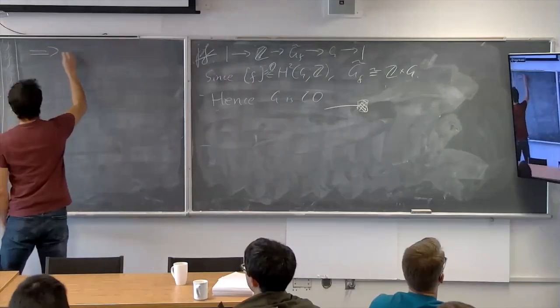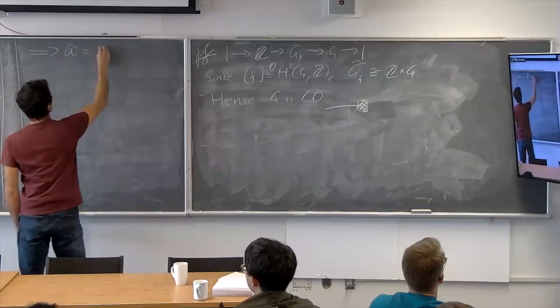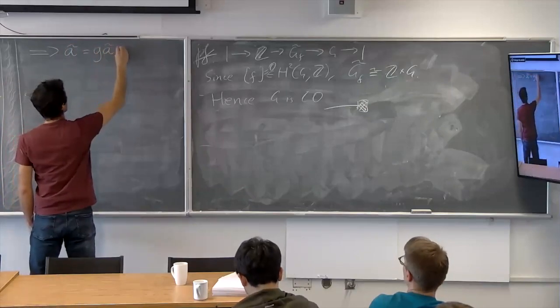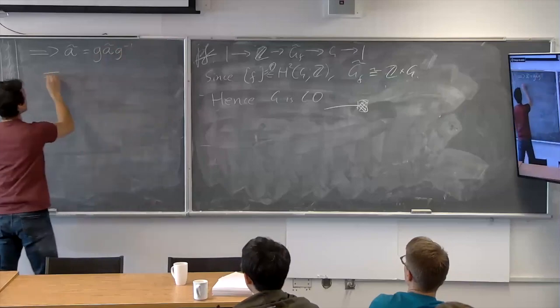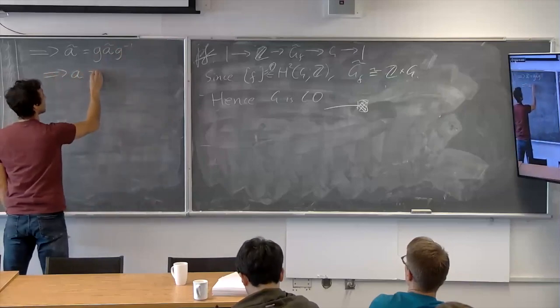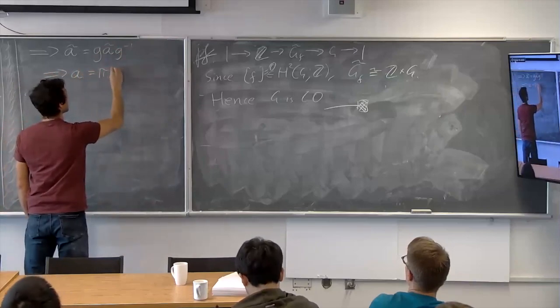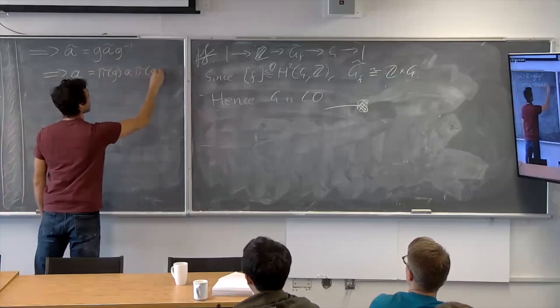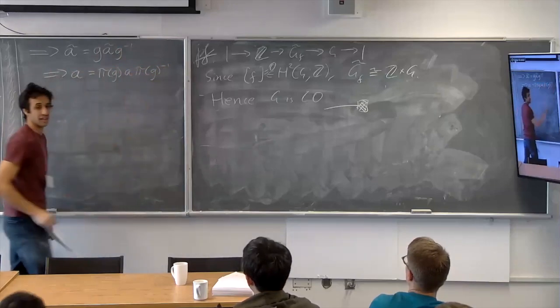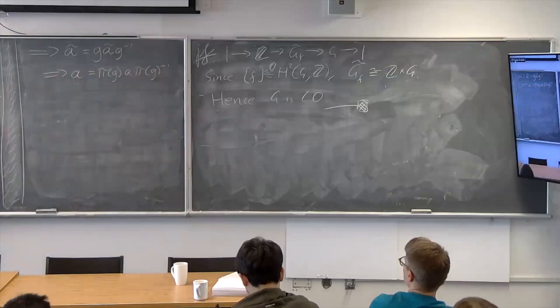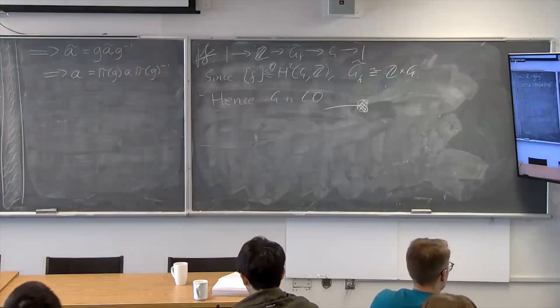So this implies that A tilde is equal to g A tilde g inverse, which implies that A is equal to pi of g A pi of g inverse. And that's good enough, because every element down here in G is of the form pi of g for some g.